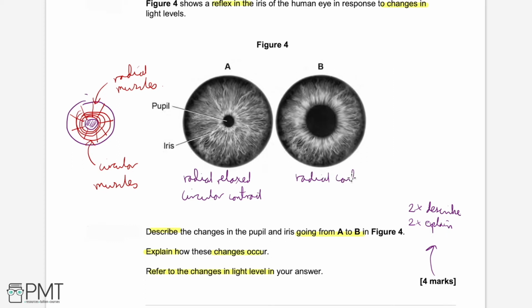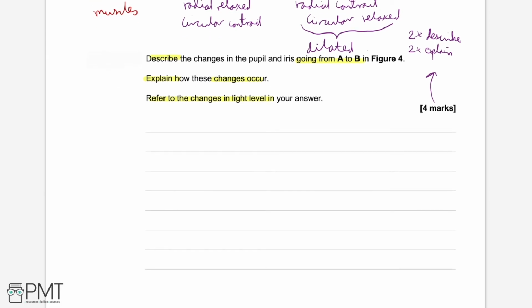The radial muscles contract, pulling together and shortening in length, therefore creating a larger pupil, and the circular muscles relax, becoming more thin. This causes the pupil to become wider, a process known as dilation, so the pupil is dilated in B. So let's construct our answer.